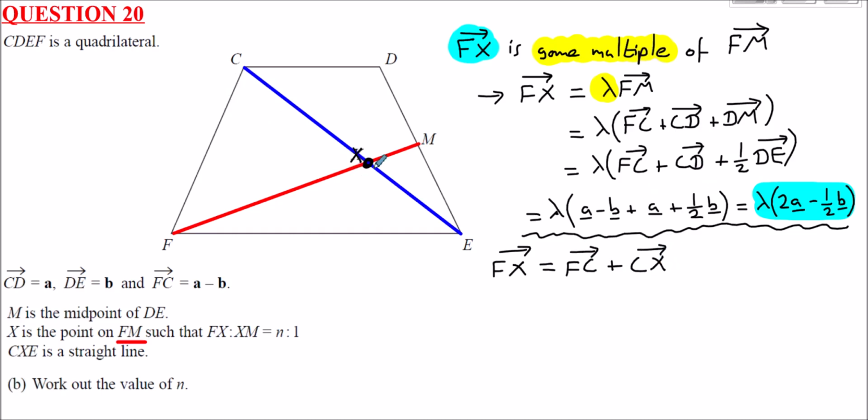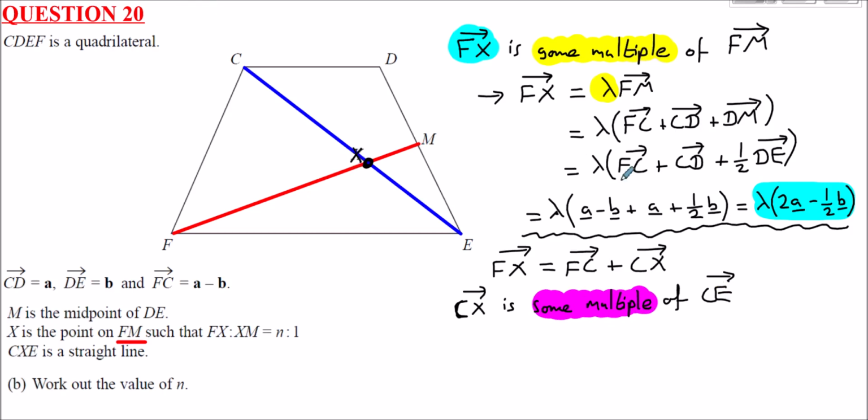And again, X is somewhere along the line from C to E. So just as I said that FX is some multiple of FM, I can also say here that CX is some multiple of the total distance from C to E. So some multiple of CE.